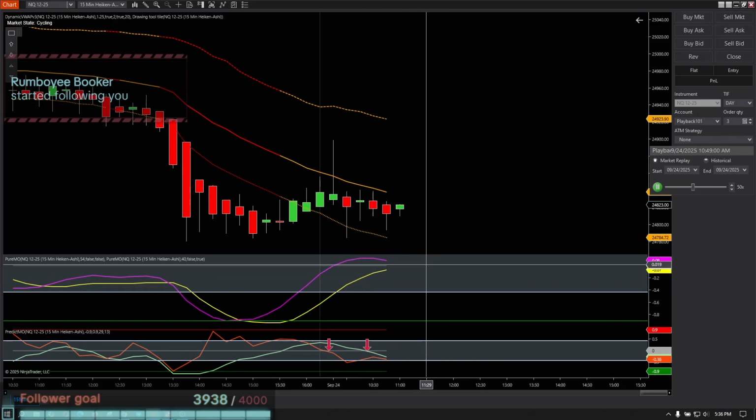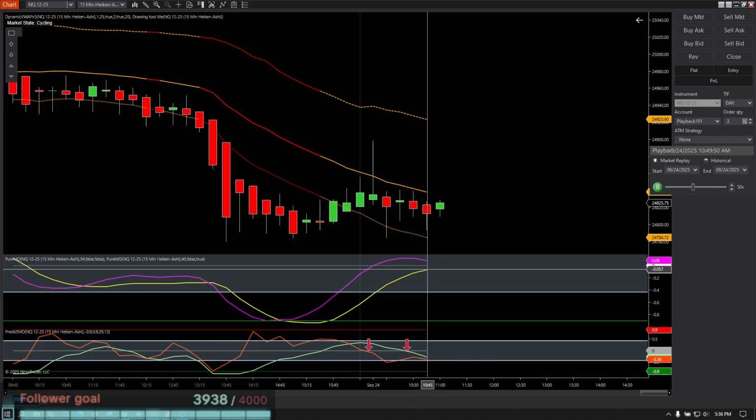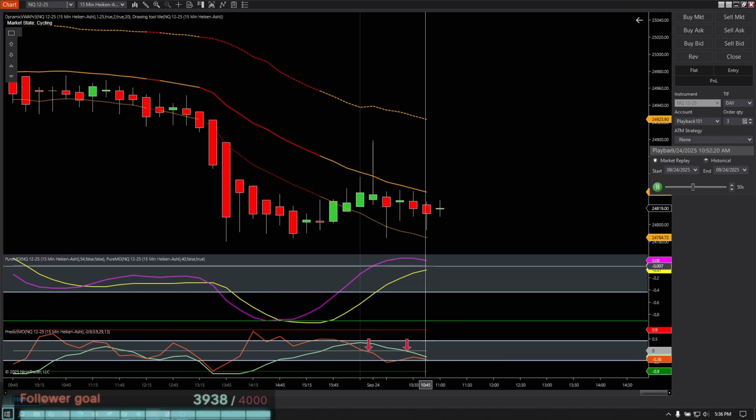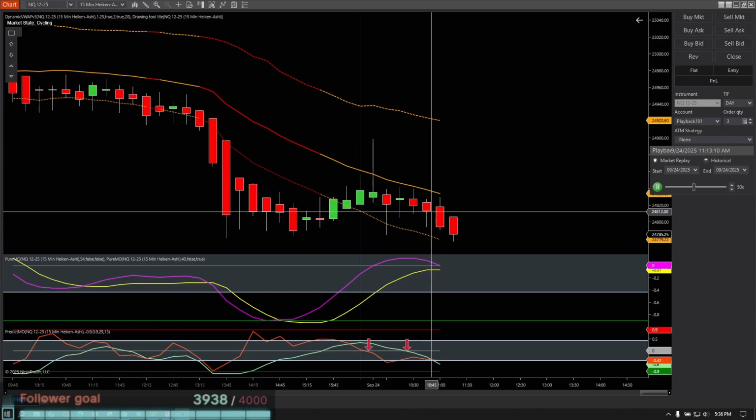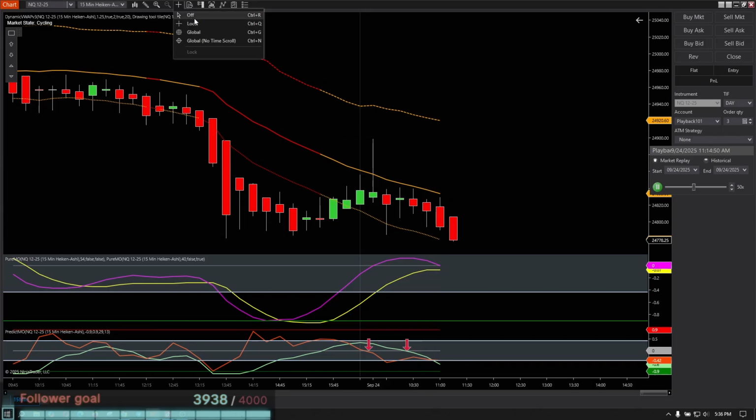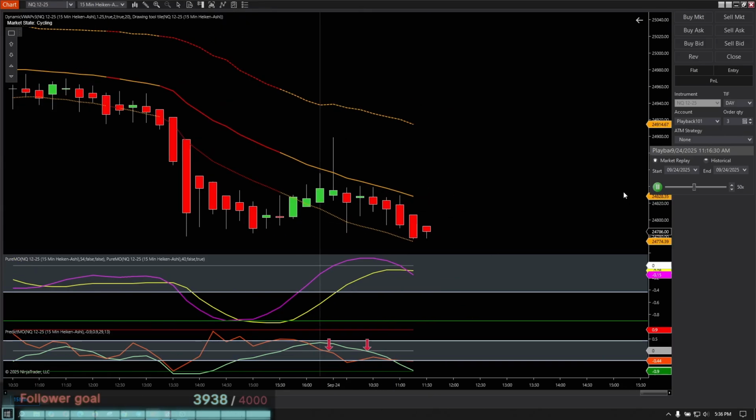What we're trying to see is where PredictMO is about to really take off. So here we go, guys. Notice what's happening right here, how momentum is coming down. Let's stop it right there for a second, okay? Here we go. We had a shift in momentum to the downside.